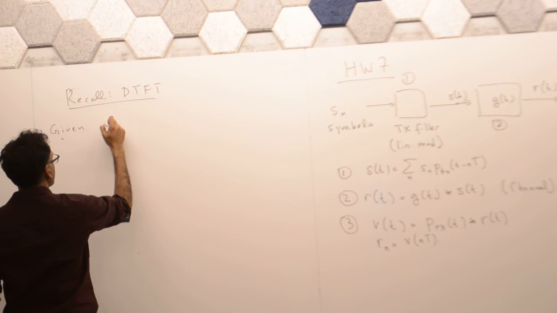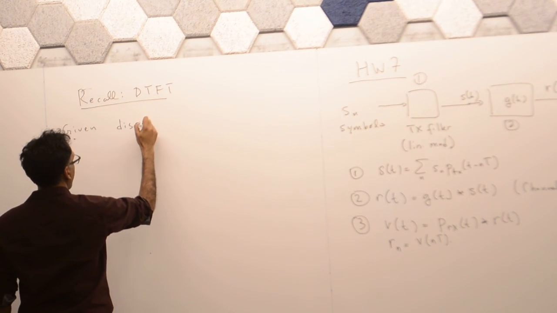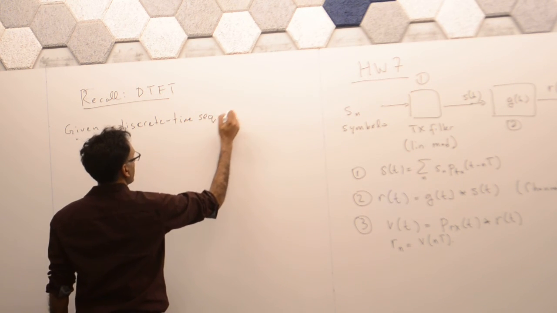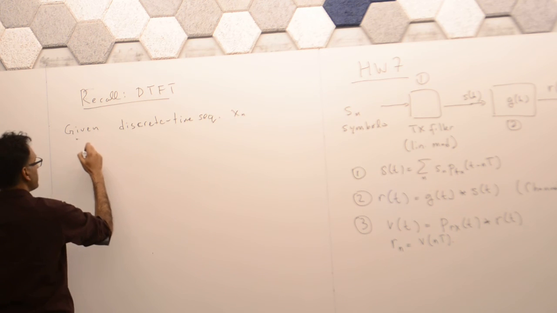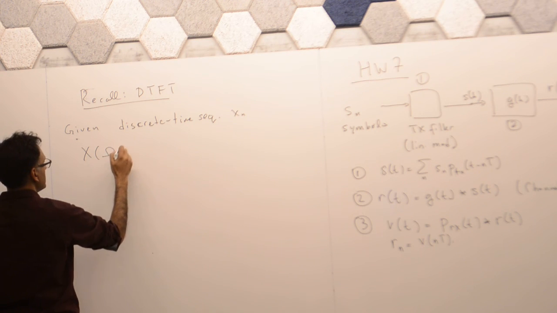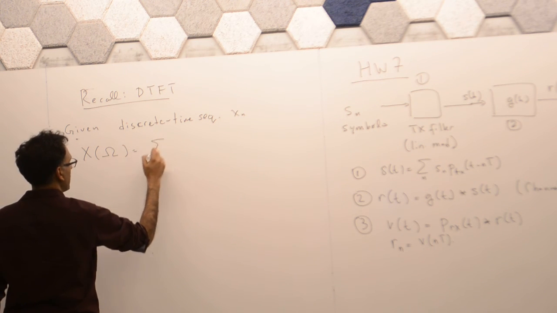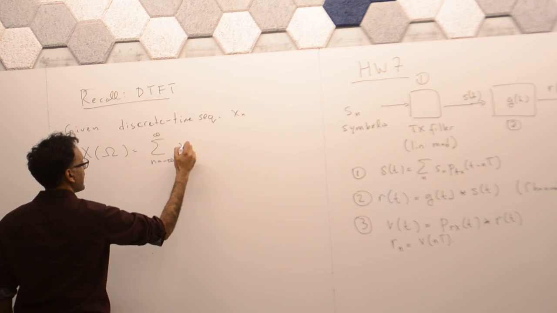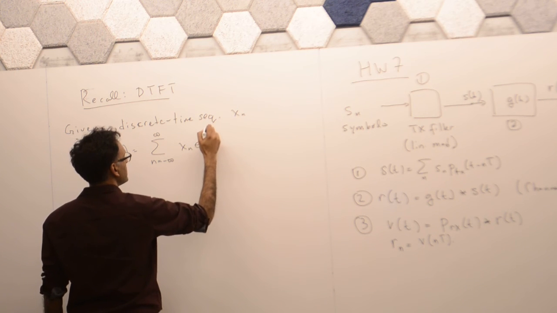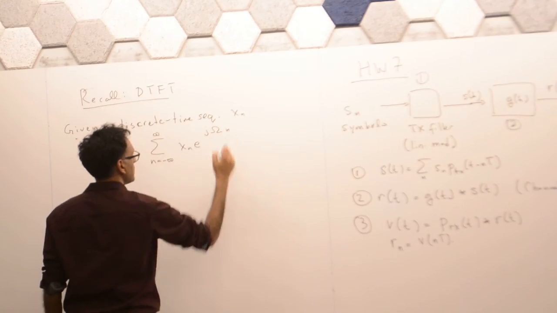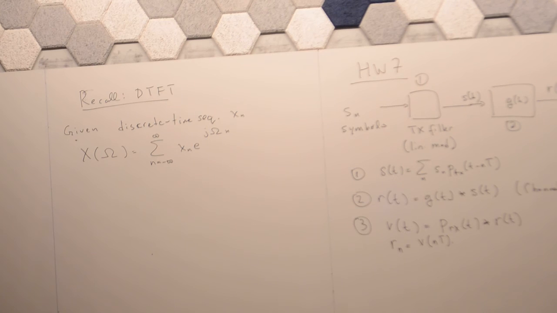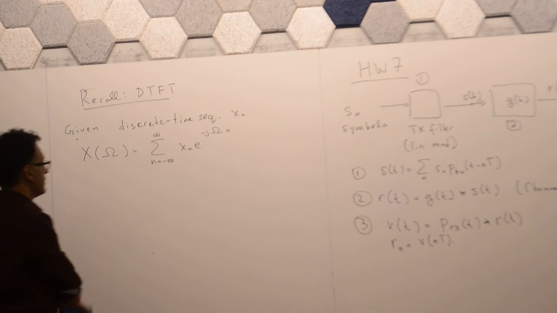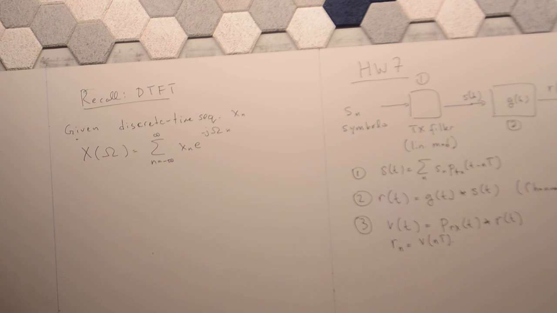If we're given a discrete time sequence, say x[n], we can say X of omega is the sum of x[n] e to the minus j omega n. Oh, it should be a minus here, sorry. That's called the discrete time Fourier transform.